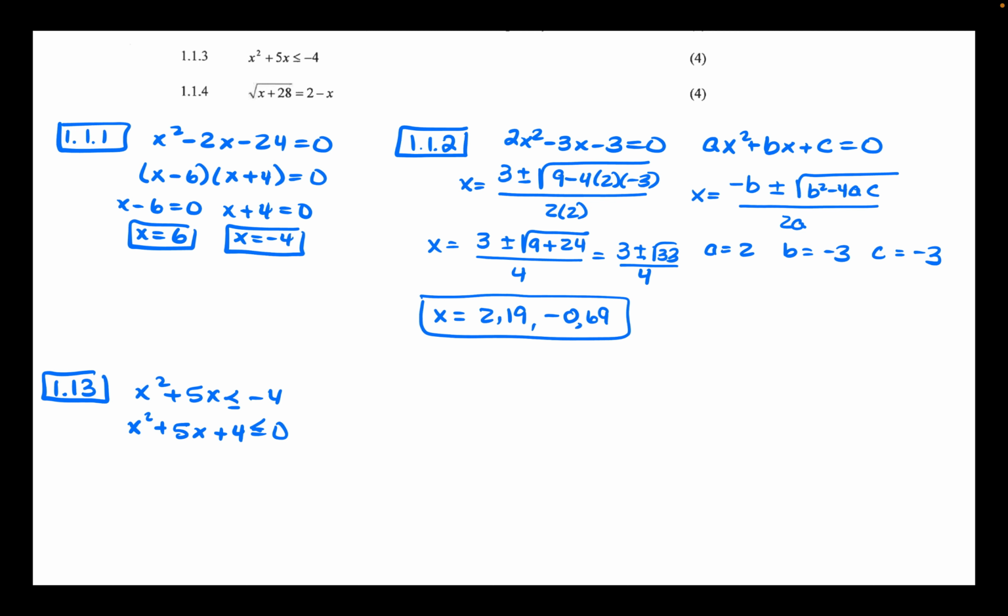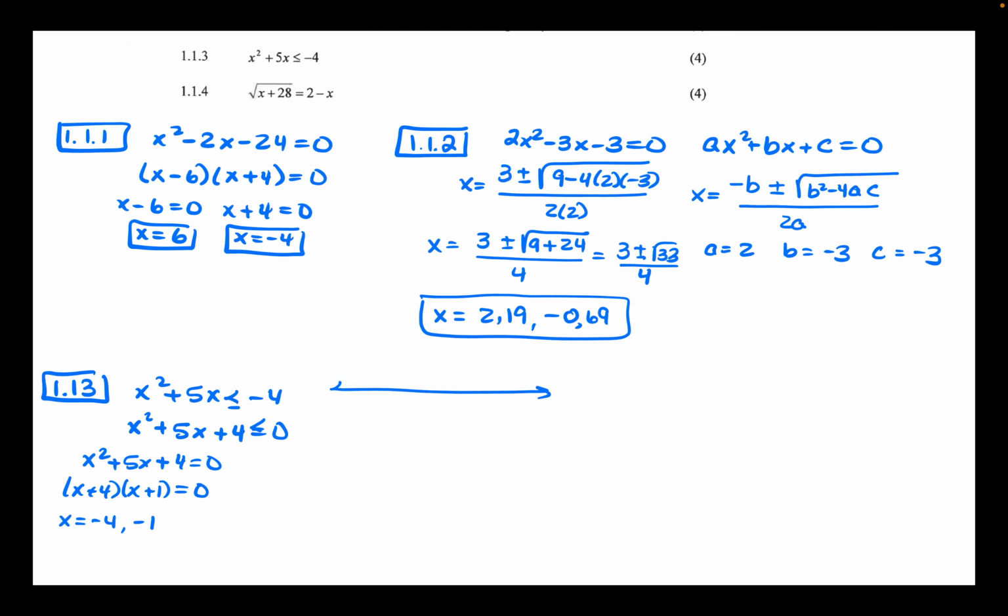And now I'm trying to figure out when that is less than 0, but it's helpful to figure out where it's equal to 0 first. So x squared plus 5x plus 4 equals 0. I could use the quadratic formula or factorize it first, and then the solutions to the equation would be negative 4 and negative 1.